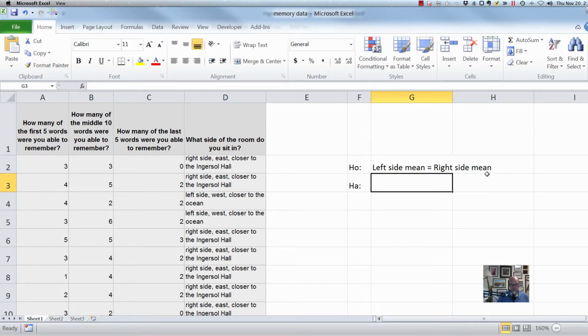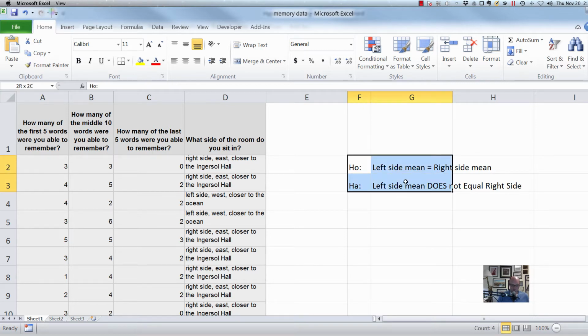The alternative is, I don't really know which one's better, so we could just say that they don't equal the right side. If I don't know whether one is going to do better than the other, I just think they're going to be different. Different is not equal to, so that makes it a two-tailed test.